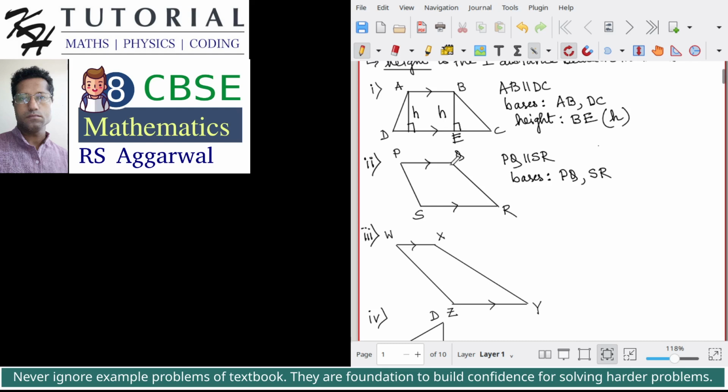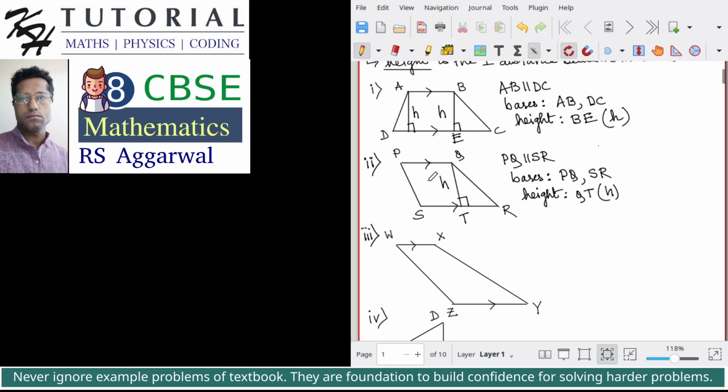From one endpoint of one of the parallel sides, if I draw a perpendicular to the other parallel side, let's say from Q to SR, and call the foot T, this is the height. QT is the height of this trapezium.